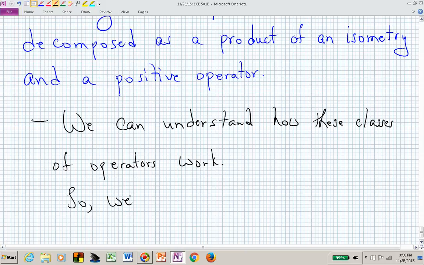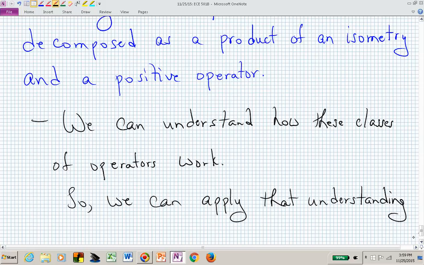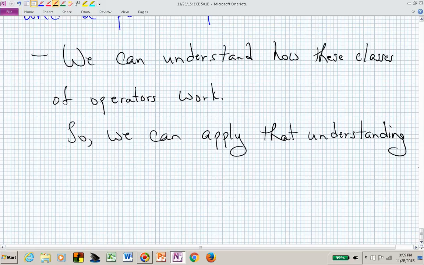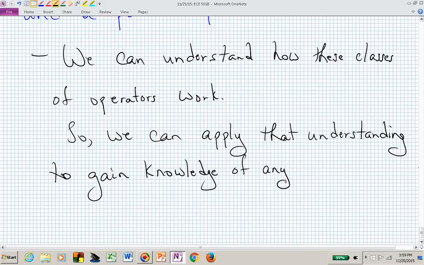Which then says, so we can apply that understanding to gain knowledge of any general operator.